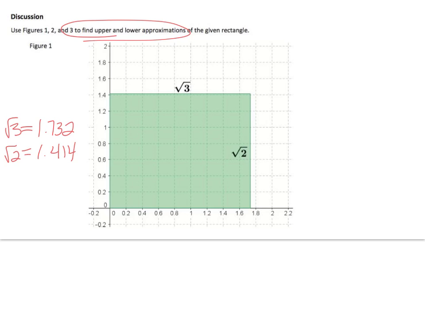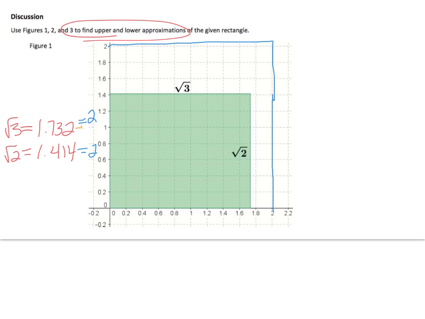So what I'm going to do is round this up to 2, right? So the square root of 3 will be up here. And at the same point, I'll go ahead and round this. This will be the upper limit, 2. Okay, area is way too big, right? So let me give you the lower limit now.